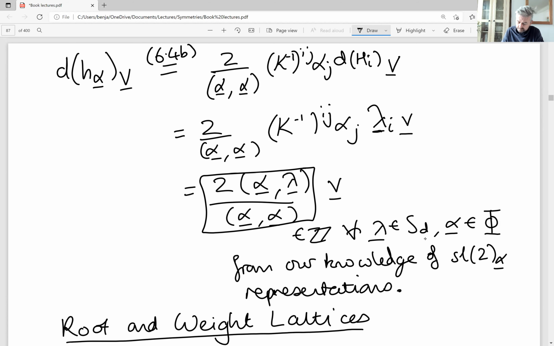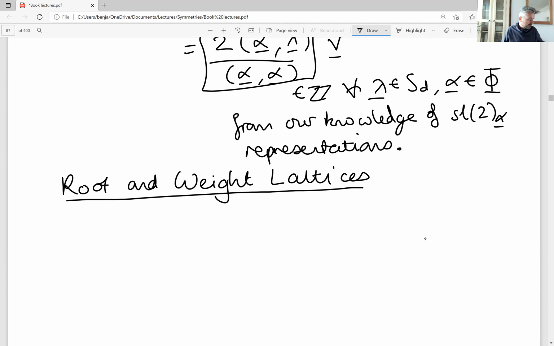And we derived that this inner product between the roots, or a particular root alpha, and the weight in this combination is an integer. And we know that from our knowledge of basically what happens with the Lie algebra of SU(2) representations. So let's make some definitions.